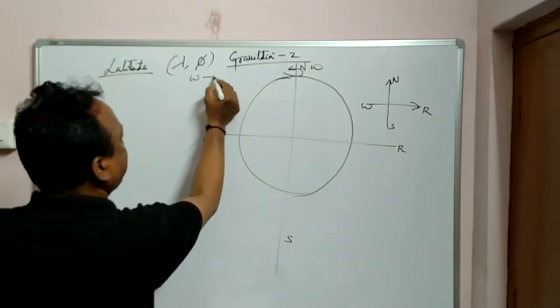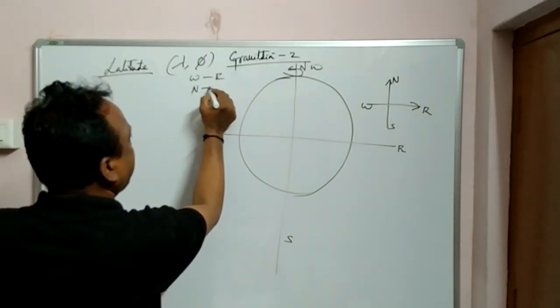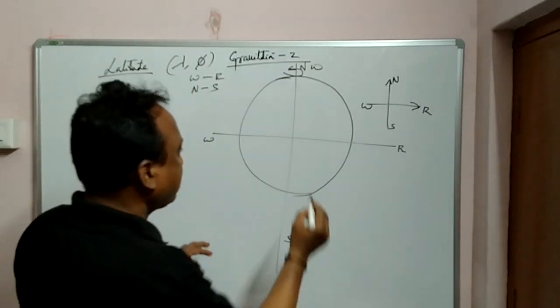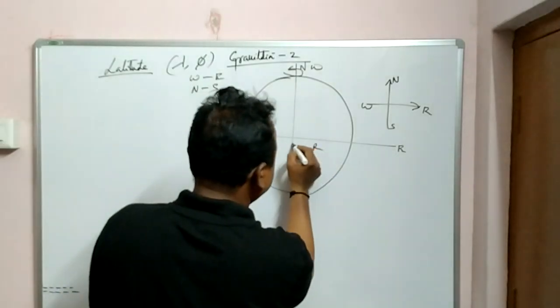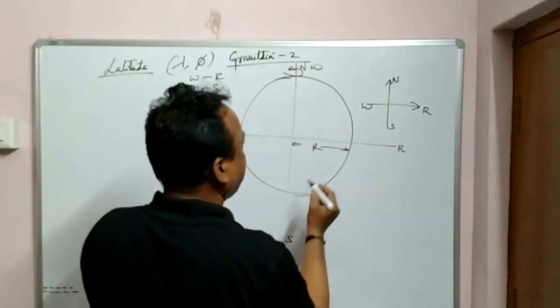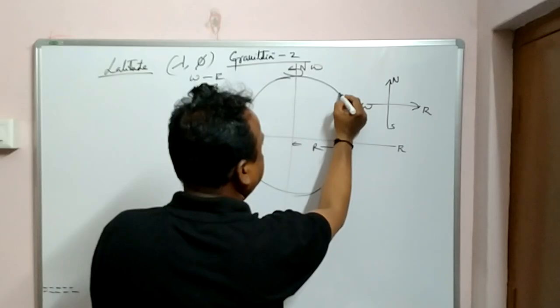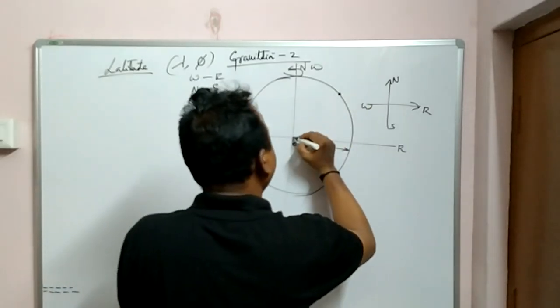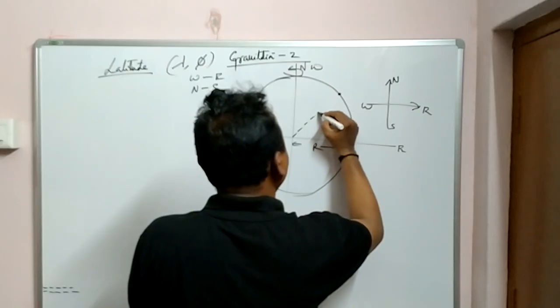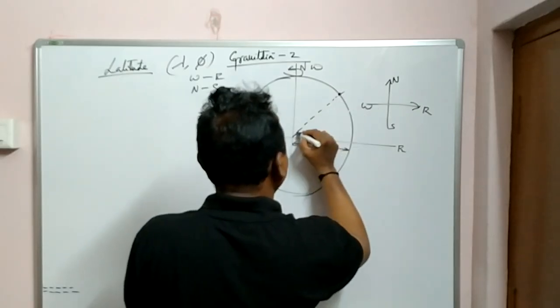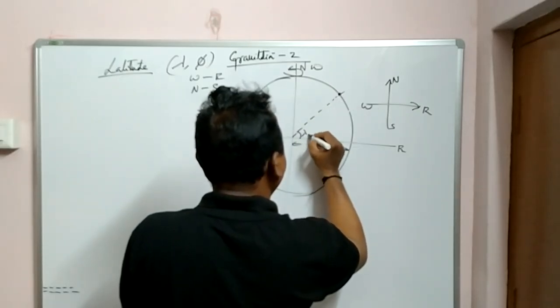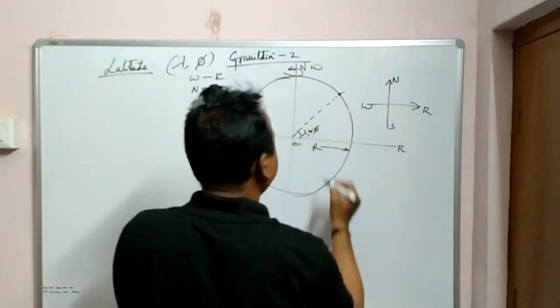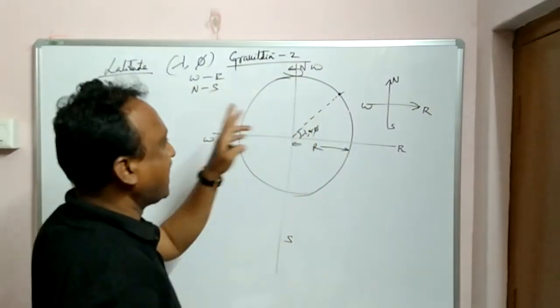Suppose this is the radius R, and a particle or a body is at this point. Let this angle be lambda or phi. This is the latitude.